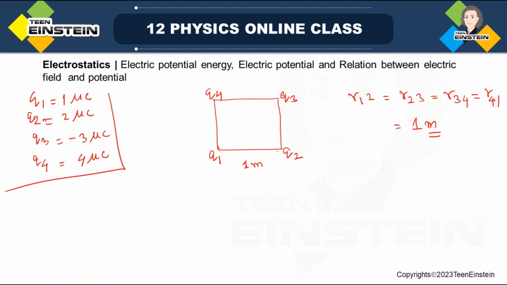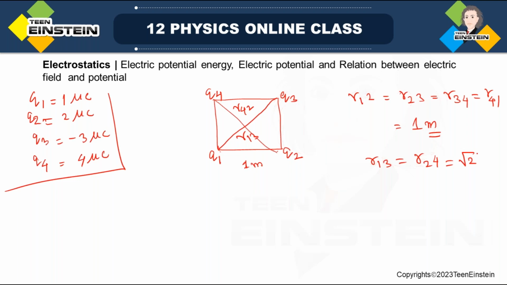But what about these distances? This is R1 3, and this diagonal is R4 2 or 2 4, whatever. So these are R1 3 or R2 4, say. This will be root over 2 into A, right? Root over 2 into A.